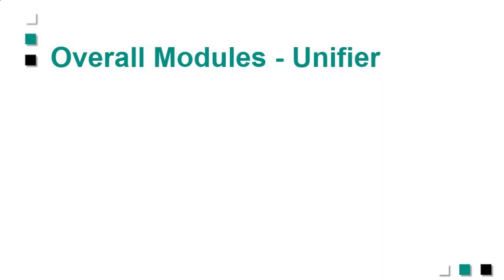So in terms of the overall modules in Unifier, we have the ability to do, as I mentioned, project level data, business unit level data, and corporate level data. And I'll show you that. And we have contract documents. We've got document management. So things like drawings, transmittals, submittals, all the paperwork that you need to get approved before you execute.